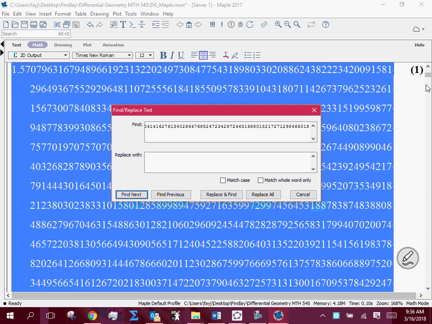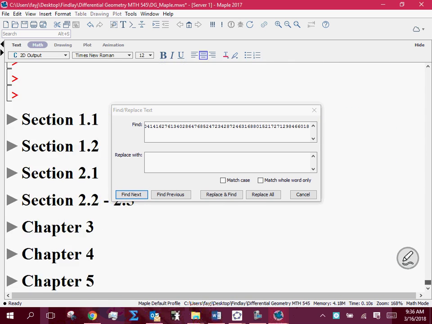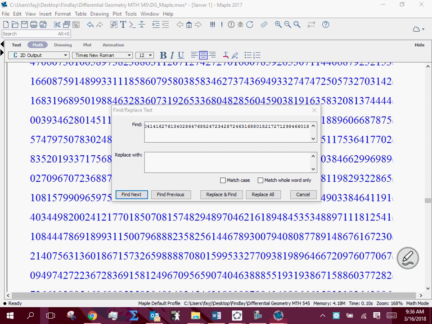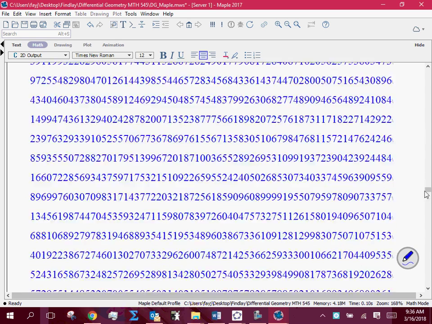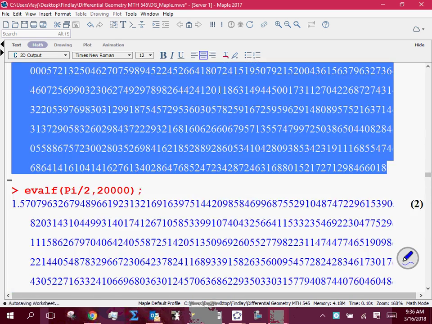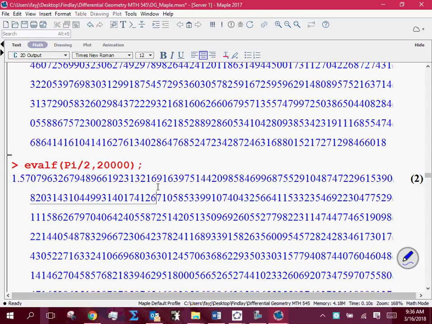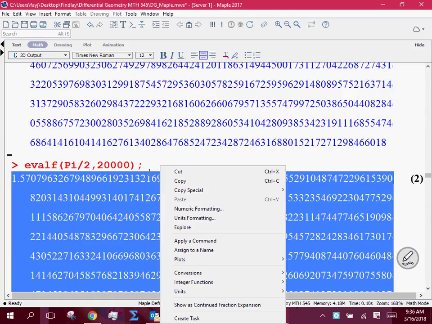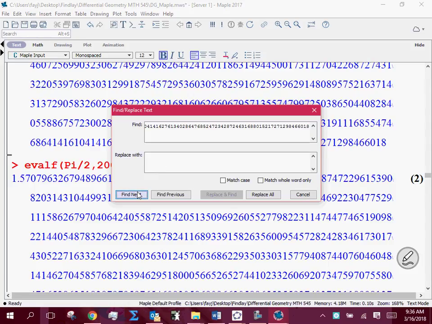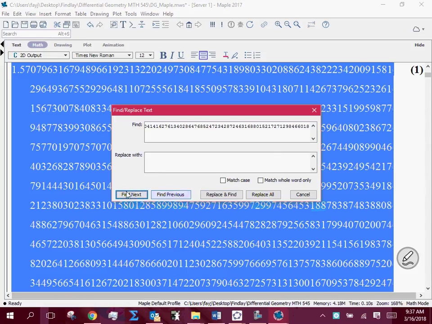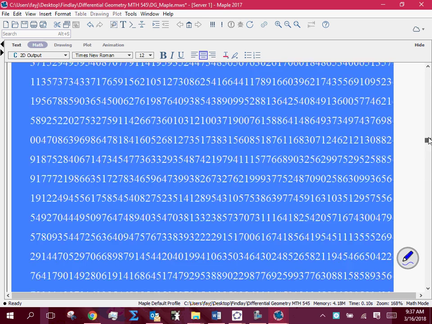I'm just trying to cut this decimal place out, this 20,000 decimal places, and then search inside here for that decimal place. So I don't know if it'll work. Find next. There it is. Find next. Okay. So I think it did work.